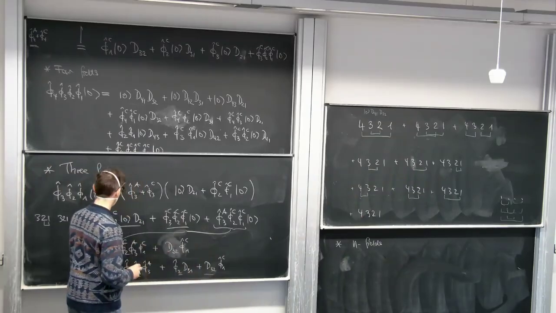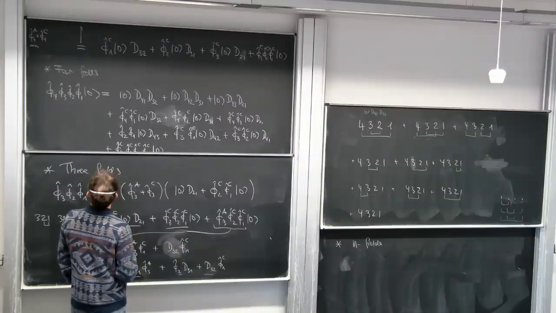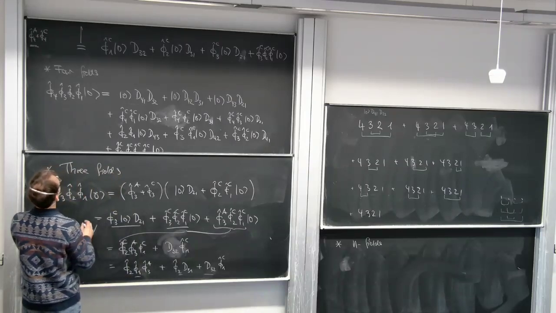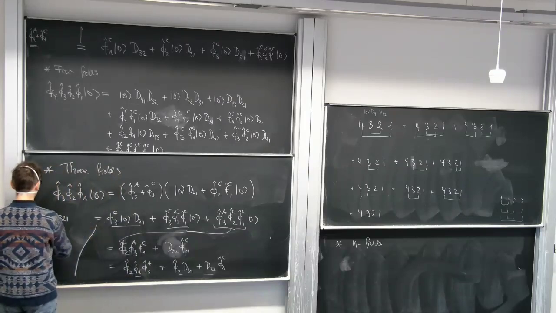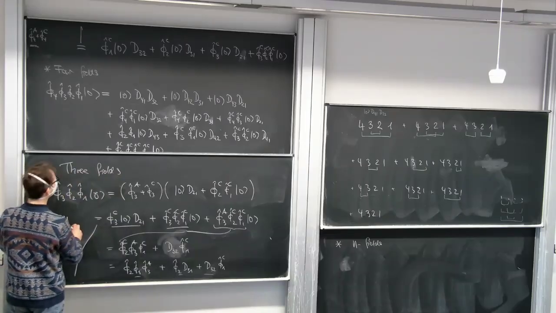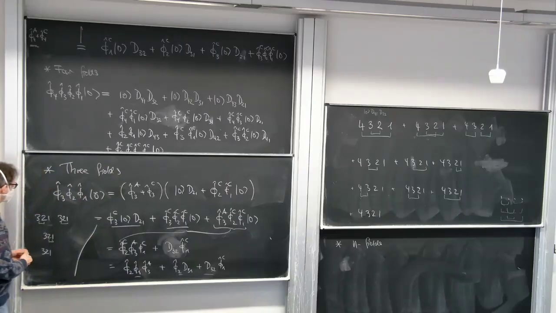So there, the first term was 3, 2, and then 1, 3, 1, 2, and then 3, 2, 1 without anything. So if it's an odd number, you just can't have everything connected.